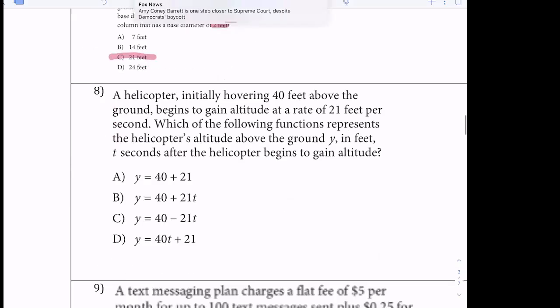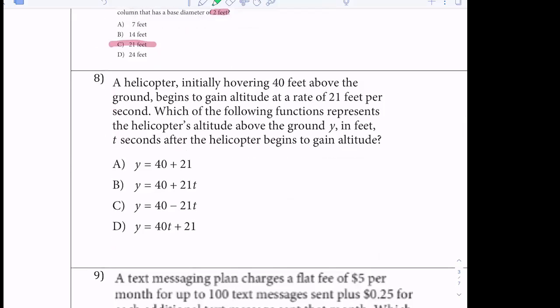All right, here we go. Number 8. Don't tell me you don't know. Read it, circle and answer. 30 more seconds.